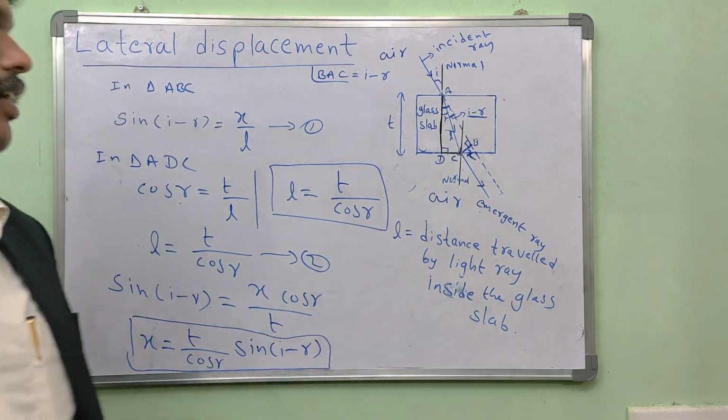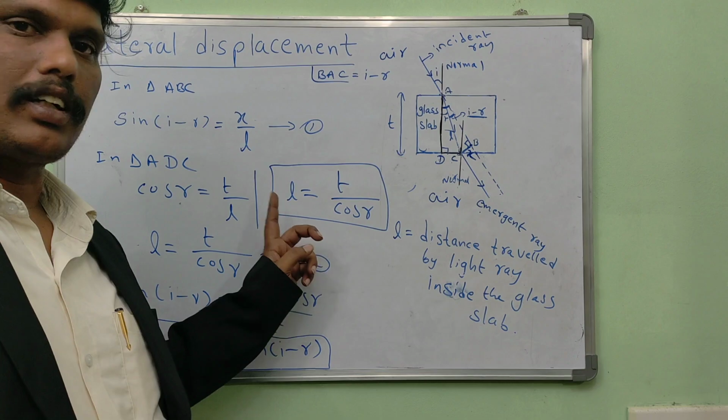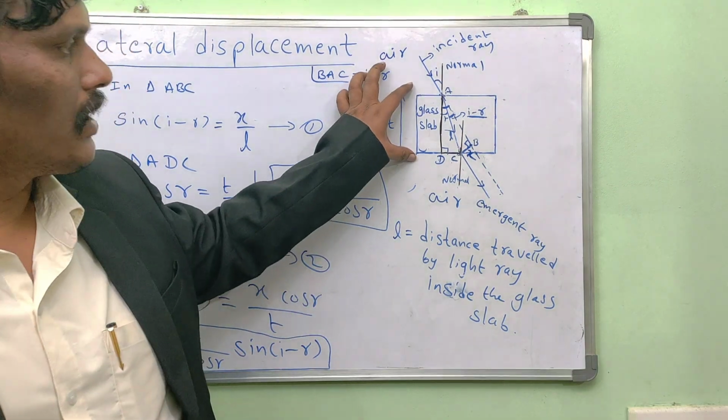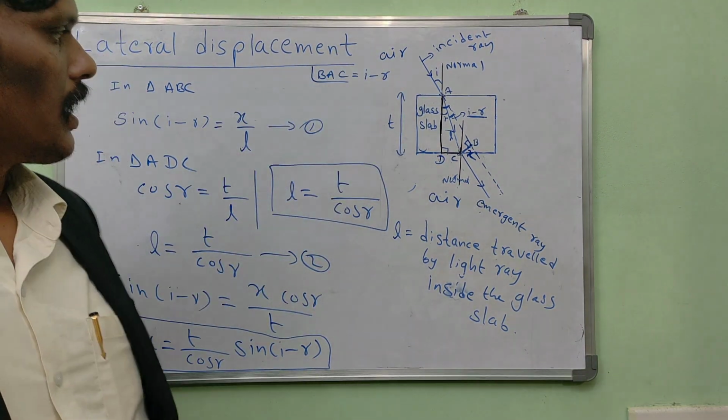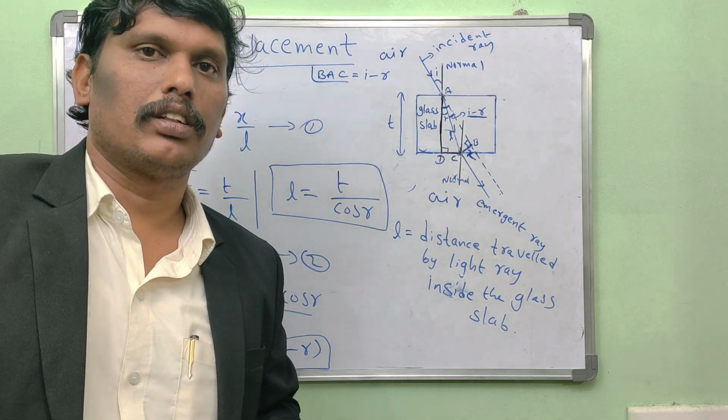Here L is the distance travelled by the light ray inside the glass slab, T is the thickness of the glass slab, and R is the refracted angle inside the glass slab.